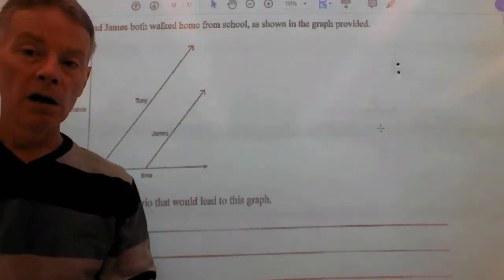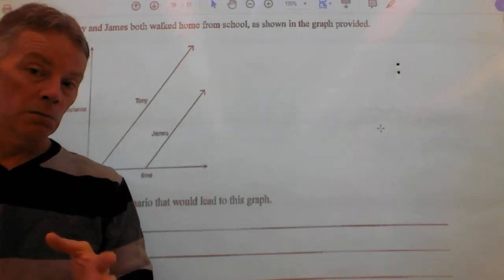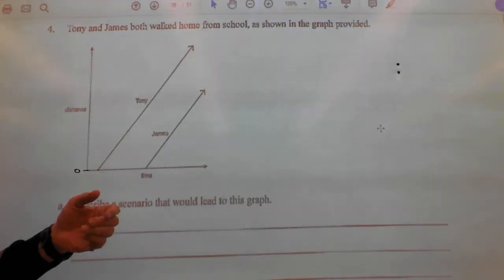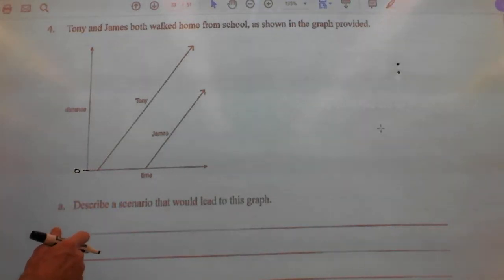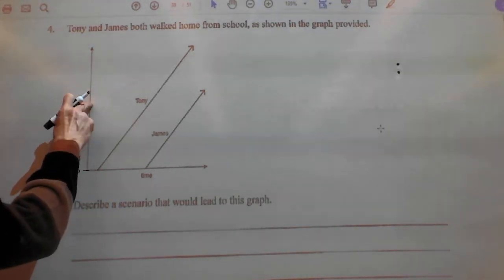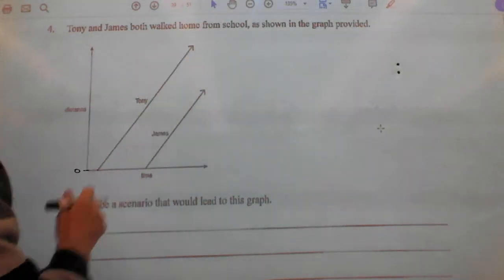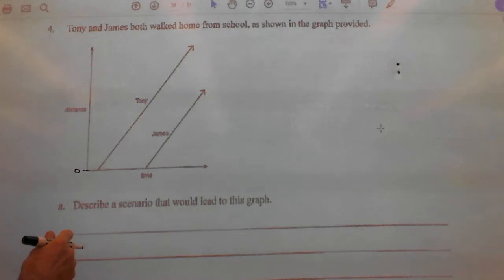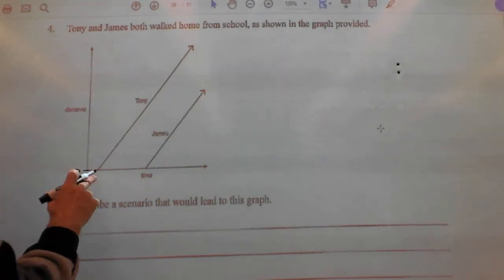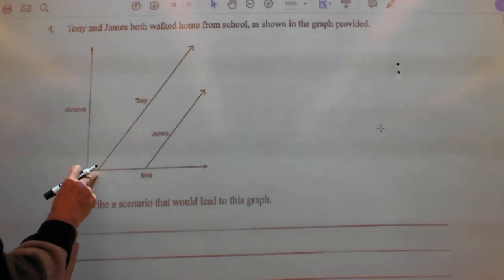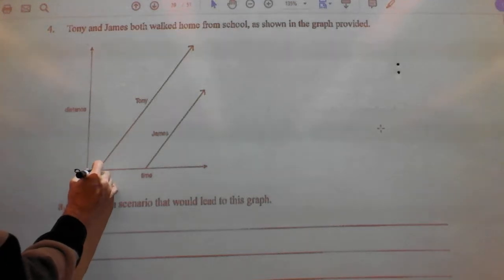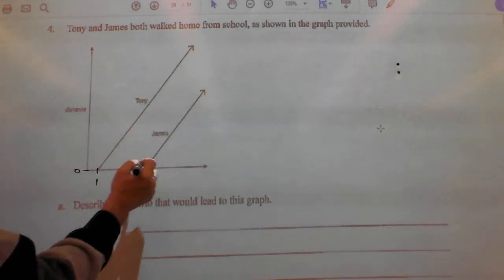Now, they haven't told you where home is, right? So, for instance, home could be at this distance or at this distance. These are just lines, okay? So, but they both walked home from school. Tony left at this time. We can arbitrarily assign a value to this of 1.